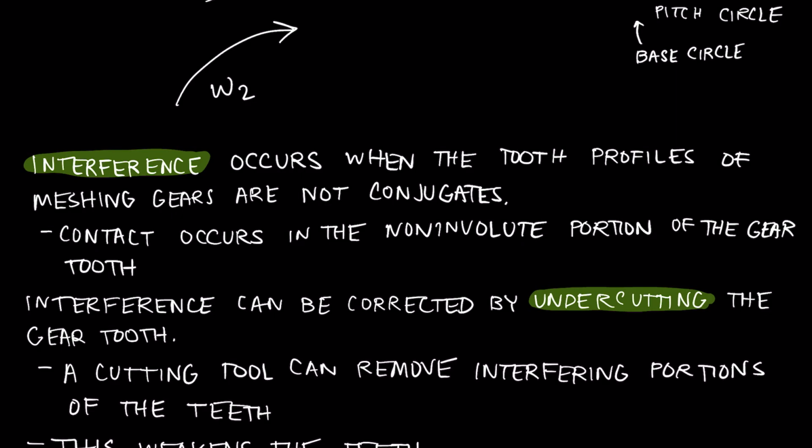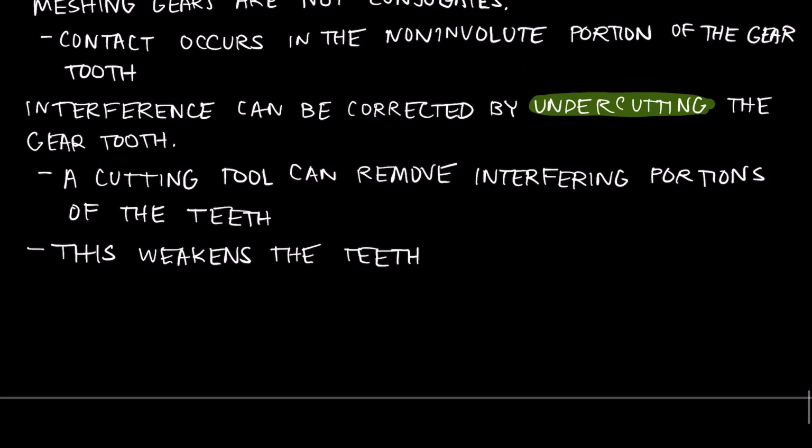All right, so one more potential issue with meshing gear teeth before we wrap up this video, and that is backlash. So backlash is simply the difference between the tooth thickness and the width of space.